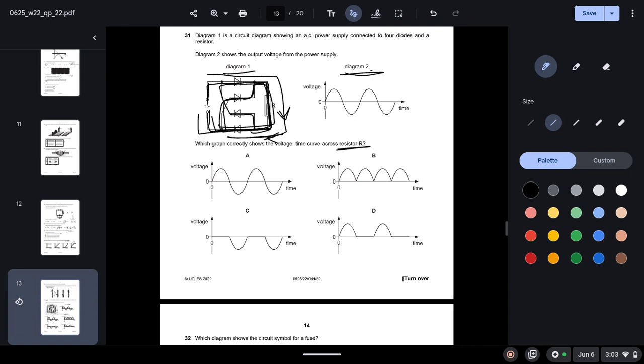The flow of the current is always in one direction. It does not flow in this direction. It does not flow in this direction. So that will eliminate option A and option C, because it shows that the voltage has a negative direction as well, which is incorrect. And we can see that there is a constant flow of current. So option D, there is a flat line, which is incorrect. So that gives you B as your answer.